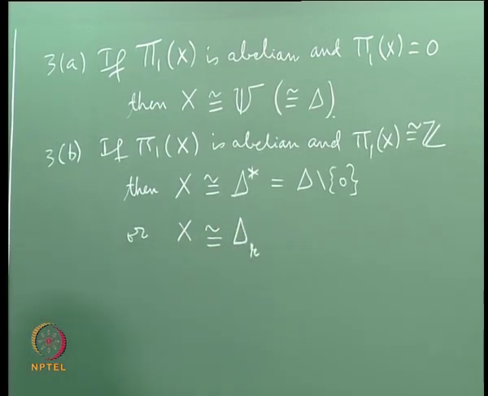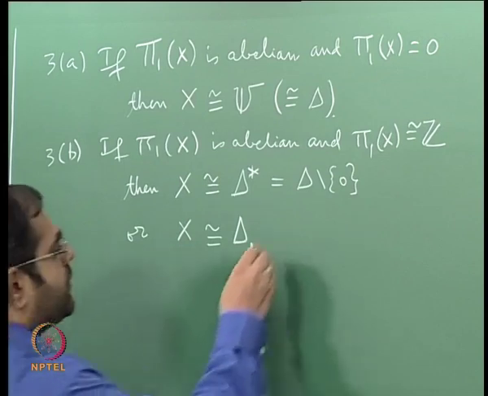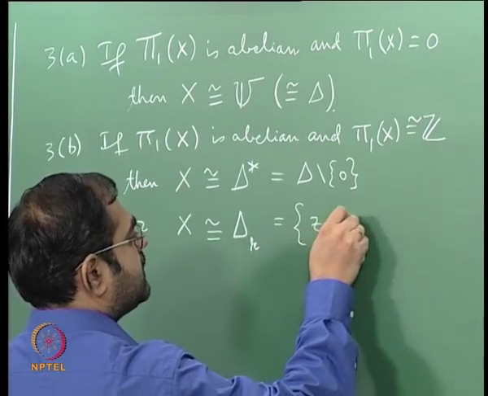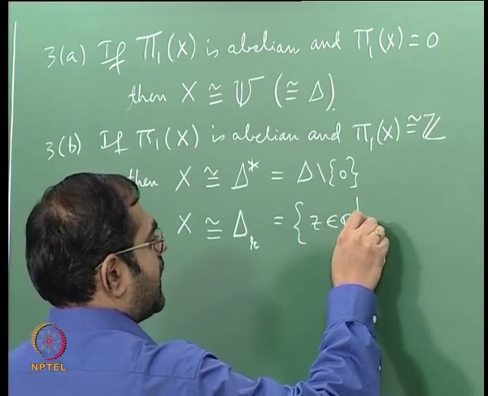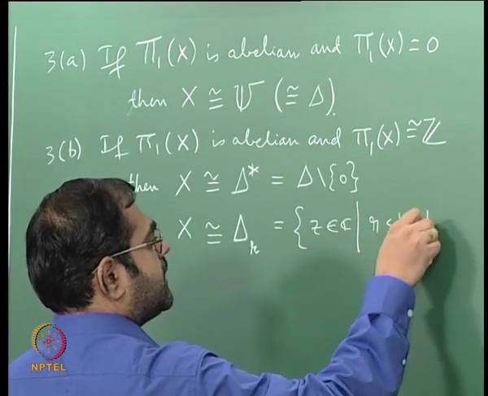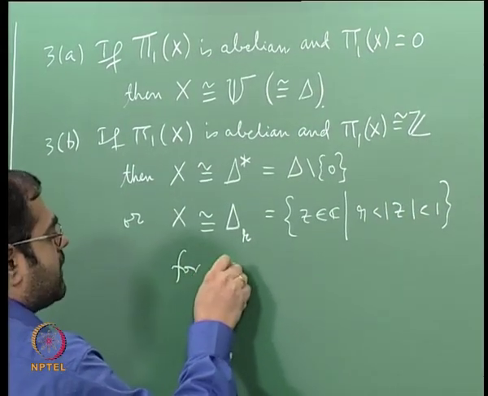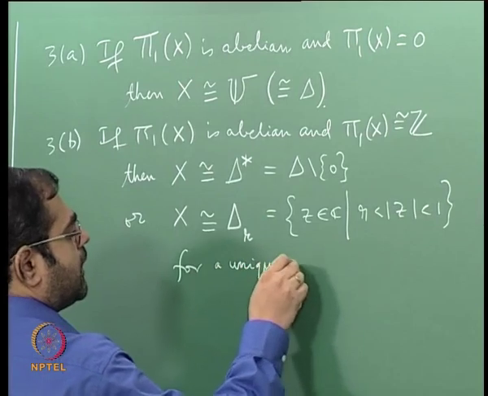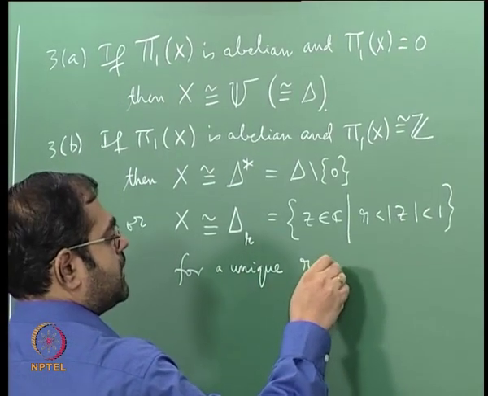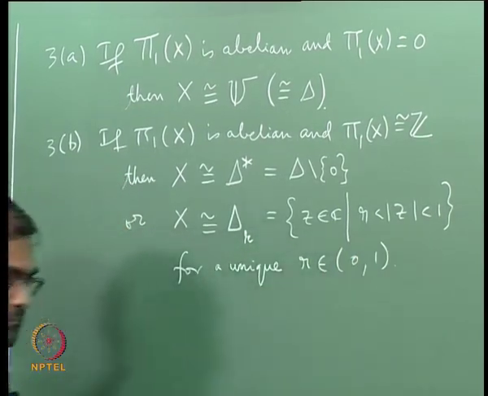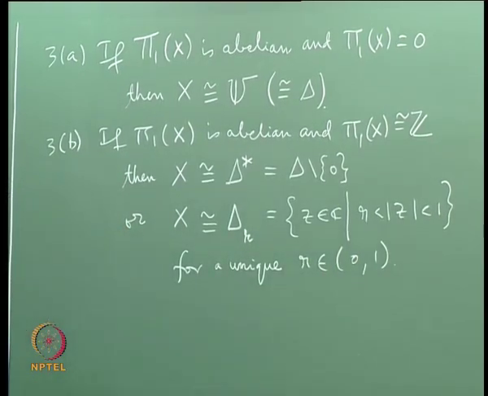This is the annulus with outer radius 1, inner radius r less than 1. So this is the set of all z in C such that r is less than mod z is less than 1 for a unique real number r belonging to the open interval 0 1.